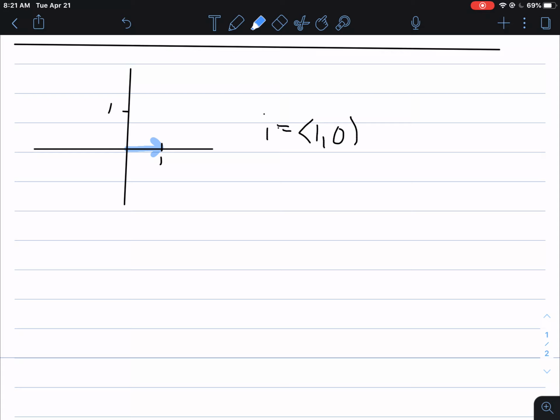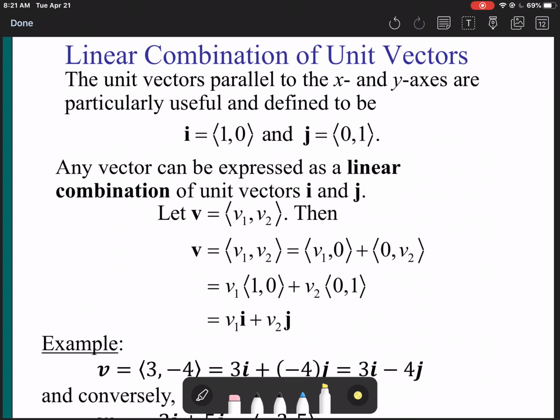And then this vector that we're calling vector j is the vector along the y-axis, having magnitude of 1. So it's our unit vector along the y-axis, so the components of j would be 0, 1. So when we talk about the i vector and the j vector, those are the vectors that we're referring to.